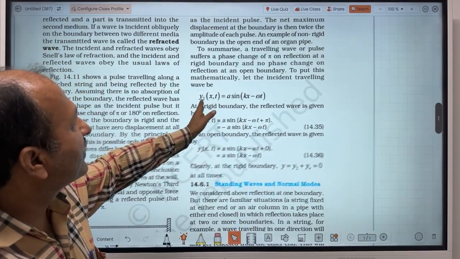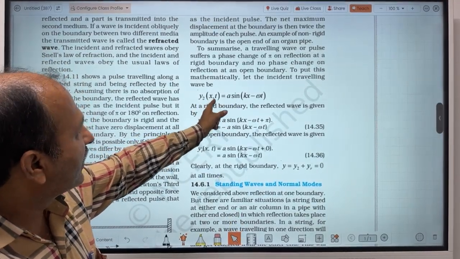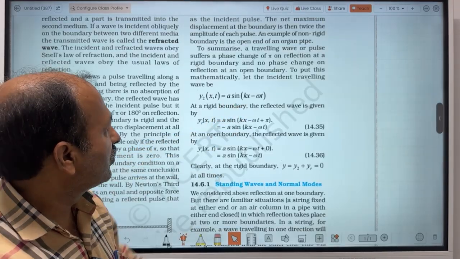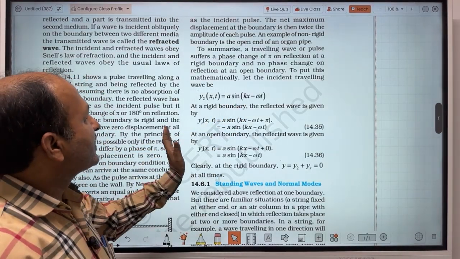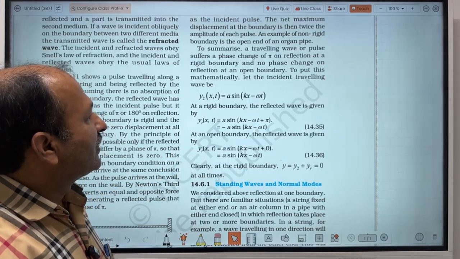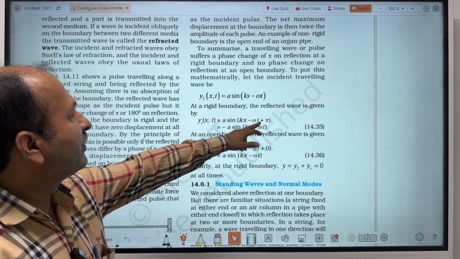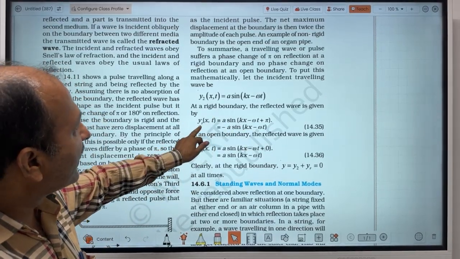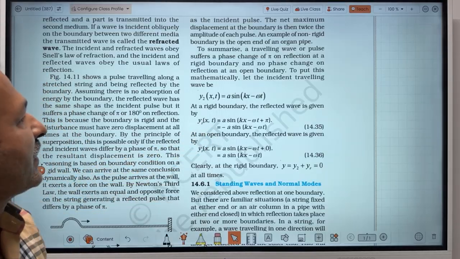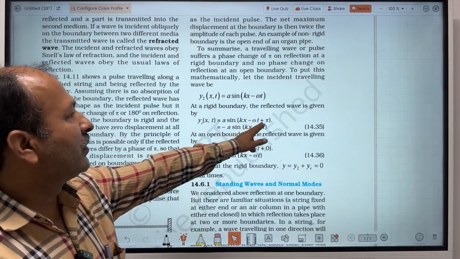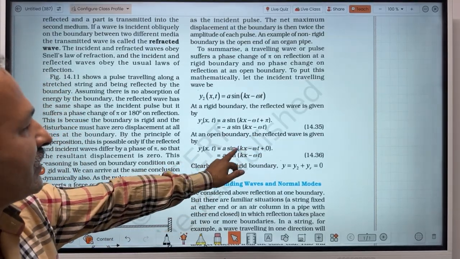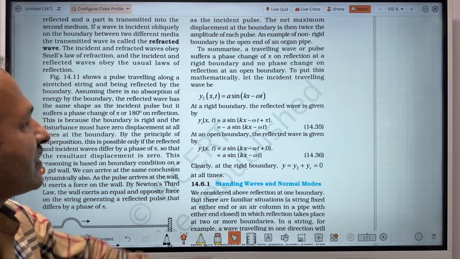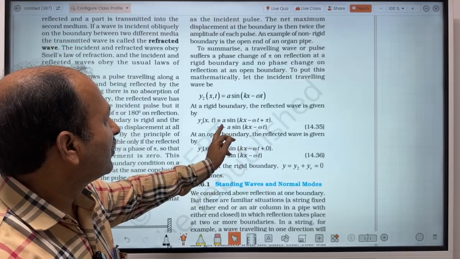Here, the equation: let the incident traveling wave be written as y2(x,t) = a sin(kx − ωt). Now, as I told you, at a rigid boundary there will be a phase difference of pi. So we write the equation y reflected(x,t) = a sin(kx − ωt + π). But sin(π + θ) gives −sin θ because it will be in the third quadrant.